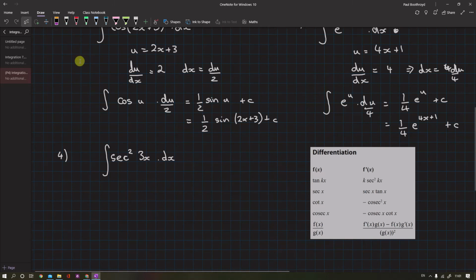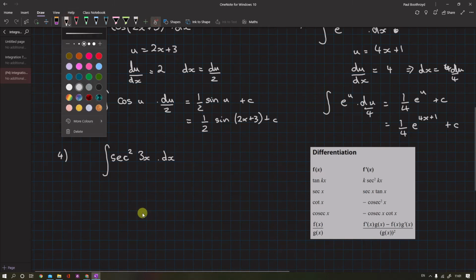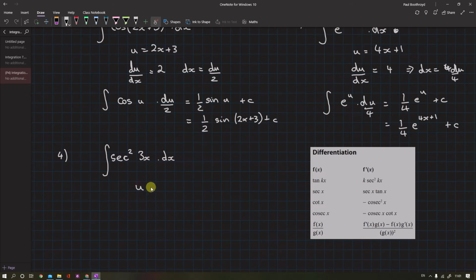Take my function u, which is going to be 3x, du dx becomes 3, which leads me to dx is equal to du over 3. So we now have the integral of sec squared u with respect to u over 3.